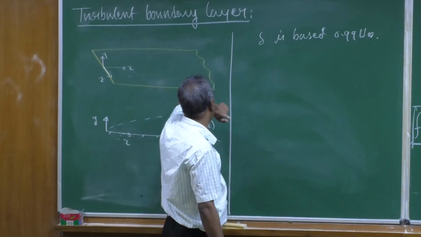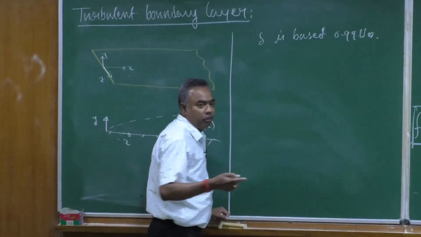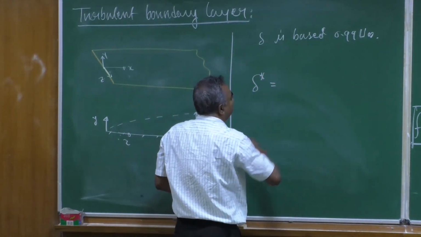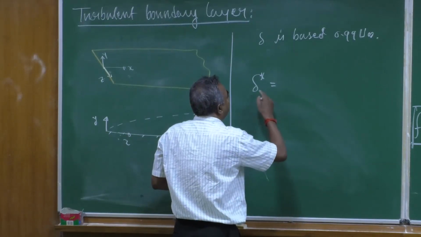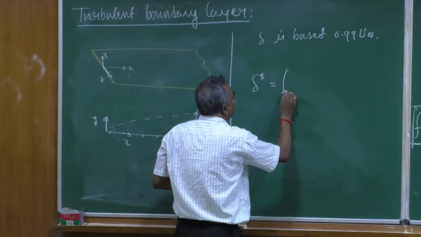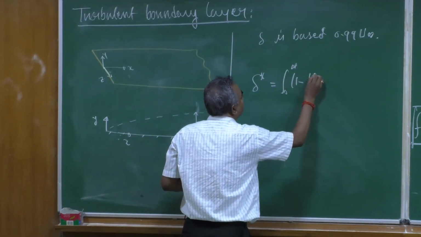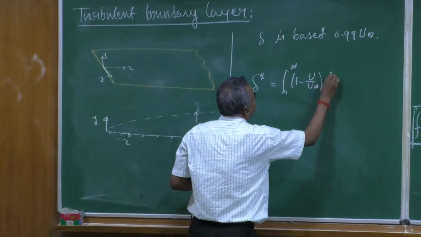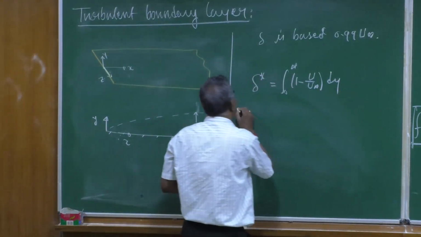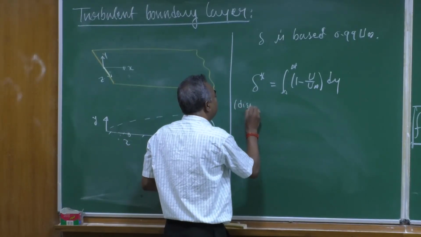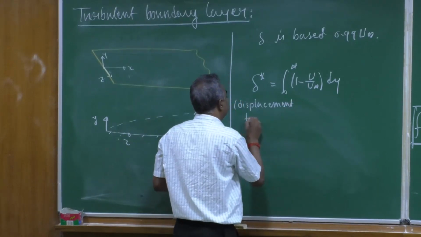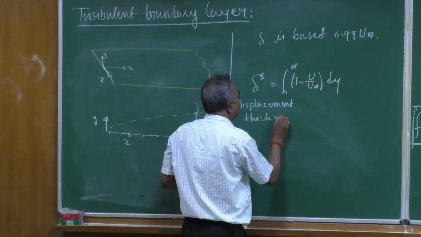So, in that particular case, there are other two integral parameters. One is delta star, which you must have come across, the displacement thickness. This is defined as integral from 0 to infinity of 1 minus u by u infinity dy. Okay. So, delta star is our displacement thickness.